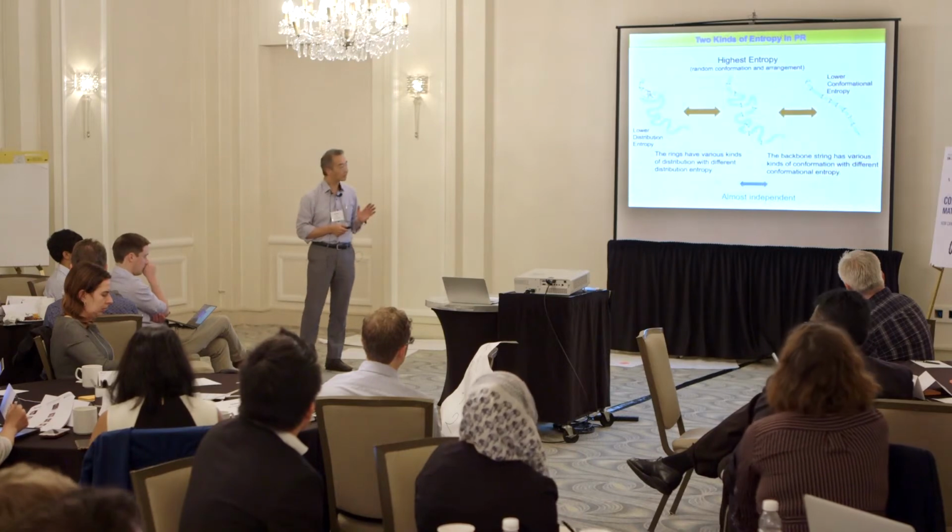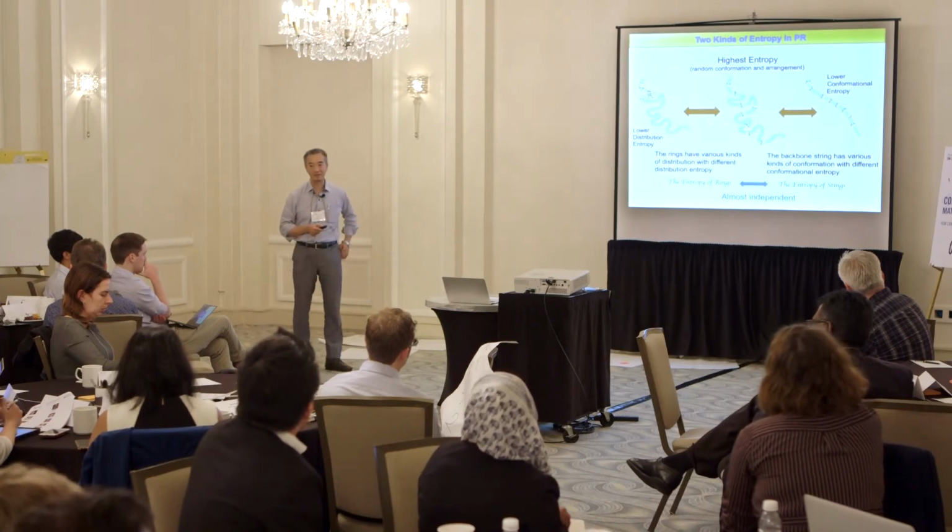The other important point of the slide ring material is the entropy of rings. So this polyrotaxane has two kinds of entropy because it has two components, rings and strings. The axis polymer chain can take a coiled conformation or a stretched conformation.